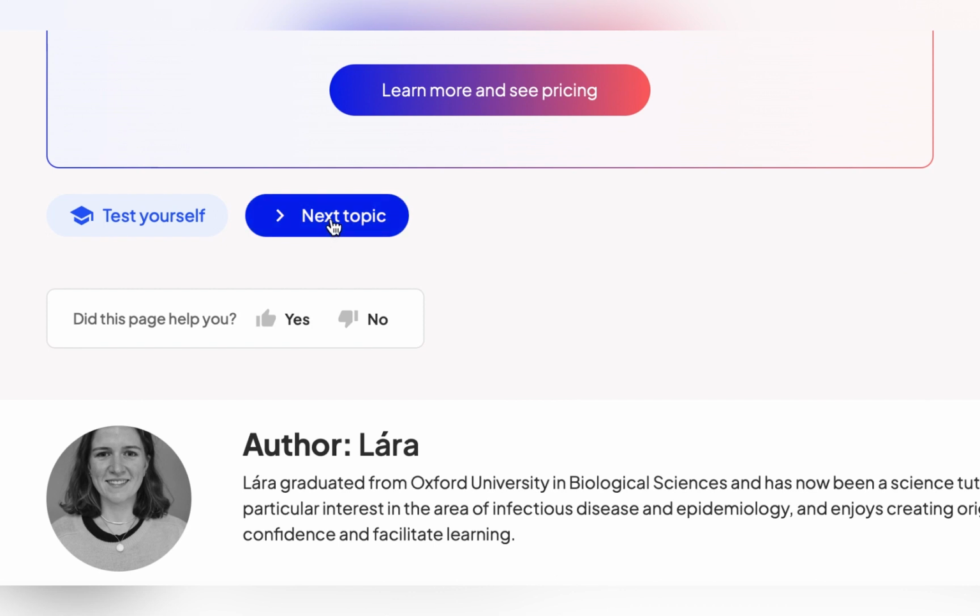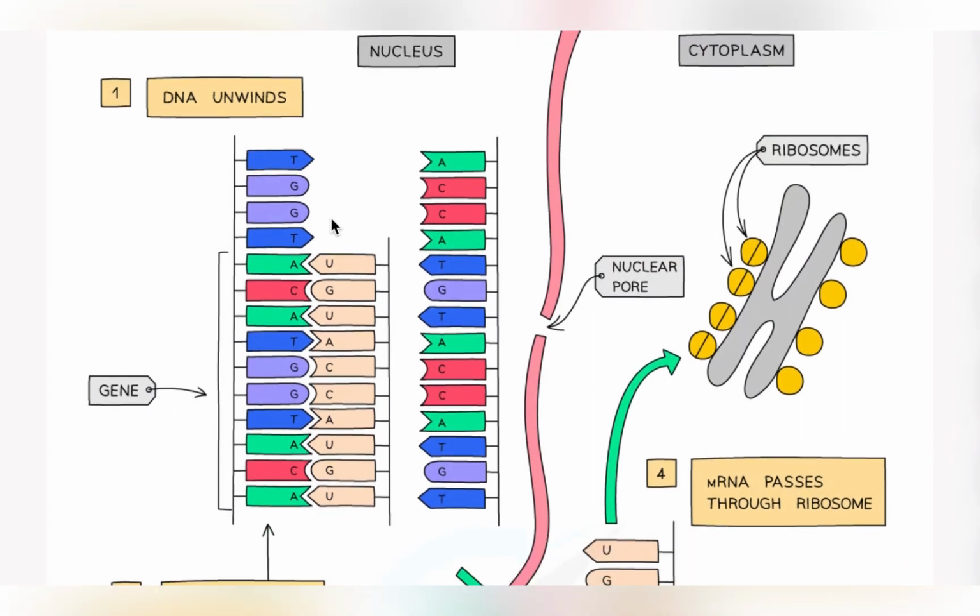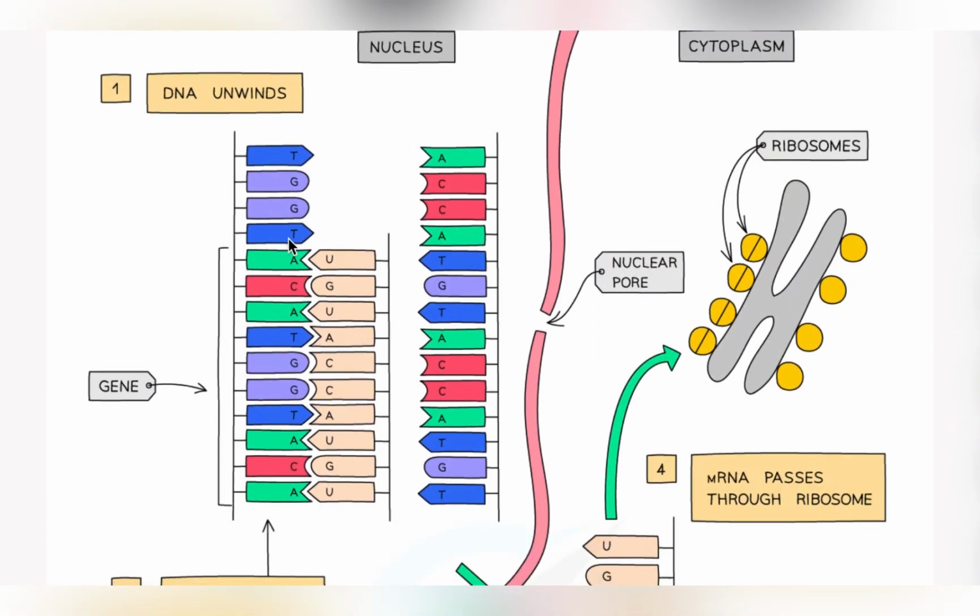Let's see if we still have a part to play for this third part. Which proteins are synthesized? We say everything starts from the nucleus, where the DNA begins to instruct the base code.